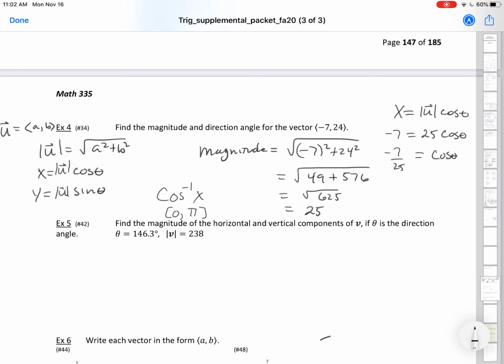Now, what is the inverse of cosine of -7/25? And I believe that they want it in degrees. I think everything that we're producing in the back of the book is degrees. So let's make sure I'm in degree mode. I am. And so we're going to take cosine inverse.